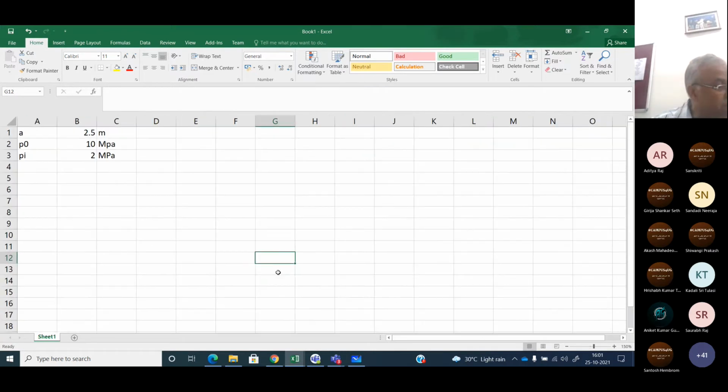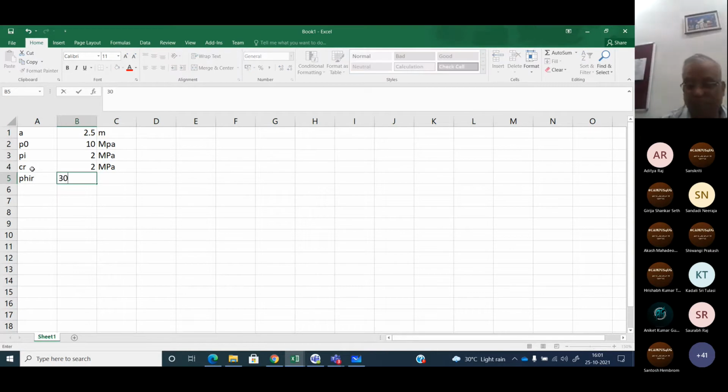This is visible, right? Yes, sir. CF, right now I will, sorry, let me write CR first. CR is in MPa. Phi R is given as 30 degrees. Let me make it radians.